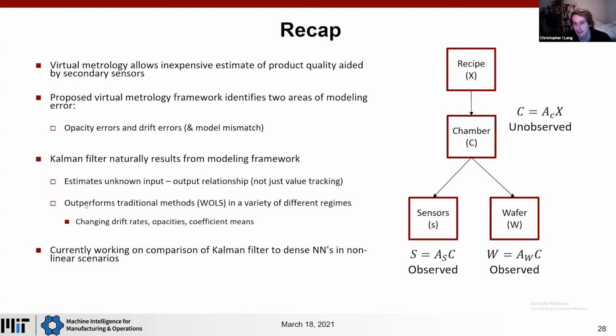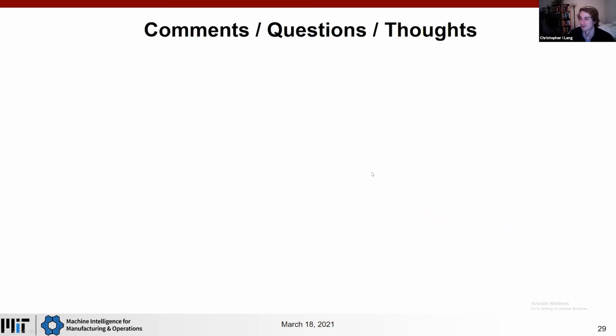And even when you have the correct form of the model, a linear system, it ends up outperforming a traditional method like WOLS in a variety of different regimes for different drift rates, opacities, and means of the underlying coefficients. And right now, I'm working on comparing this method to dense neural networks in nonlinear scenarios. So, comments, questions, thoughts?